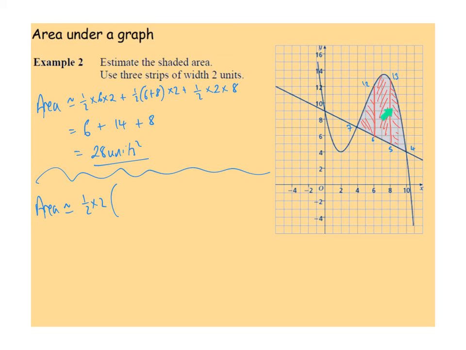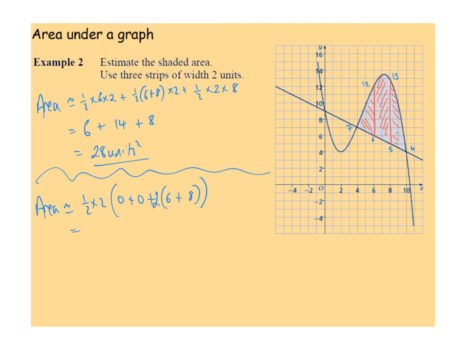So these 2 bits are used twice, and this bit is used once. So the 7, sorry, not the 7, the 0. This had no height, and the 0 here had no height. These were used once. So we've got a 0 and a 0 at each end. And then we've got 2 lots of 6 and 2 lots of 8.